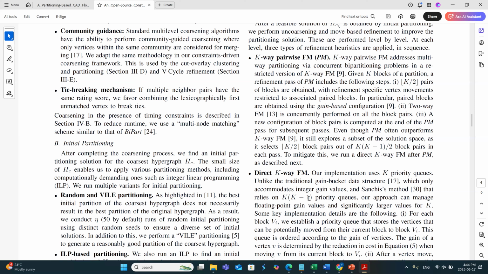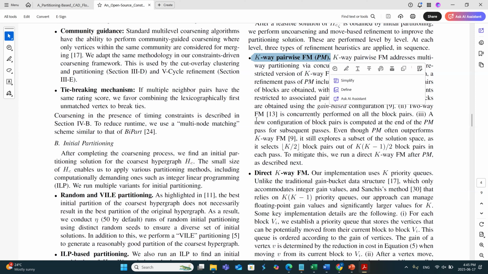Actually, they do two things. What I just described is direct K-way FM, where they generalize the algorithm. These are heuristic algorithms, so that sometimes doesn't work as well as taking, say, 4 blocks, taking pairs of those, and running FM partitioning between the pairs. So that's what they do with K-way pairwise FM.